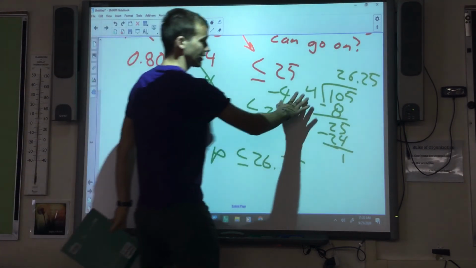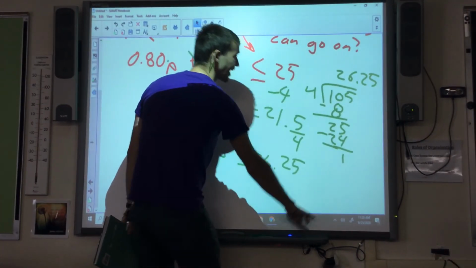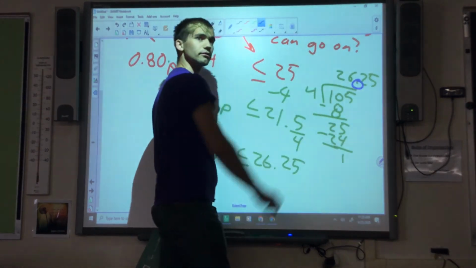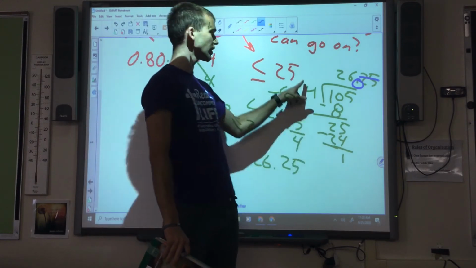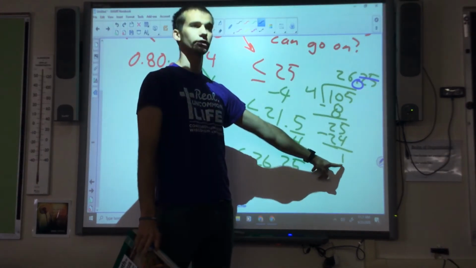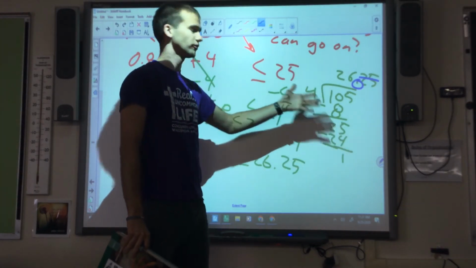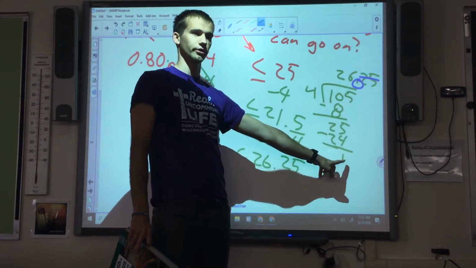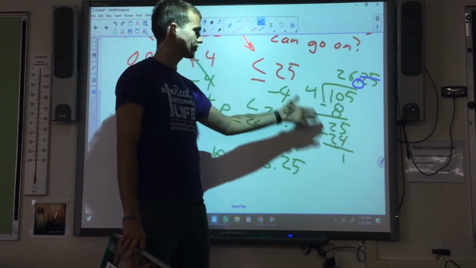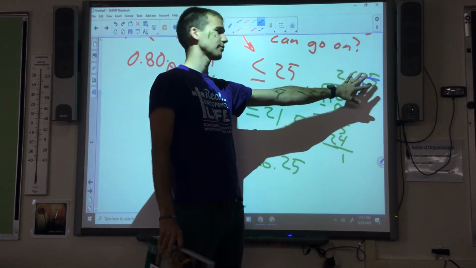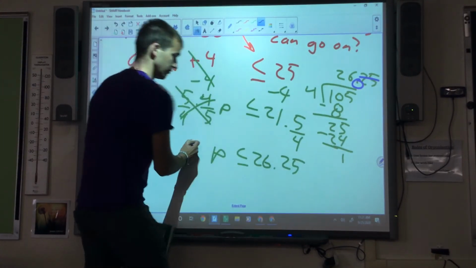Actually, when I got right here, 4 goes into this. As soon as I got the decimal here, I could have been done. I didn't need to do that because it doesn't matter, as long as 4 is not going to go into 1 more than once. If I somehow got like 5 here, then I knew I did my multiplication or division wrong. But as long as this is actually a decimal here, I can stop right here. I don't even need to write this stuff fully out.